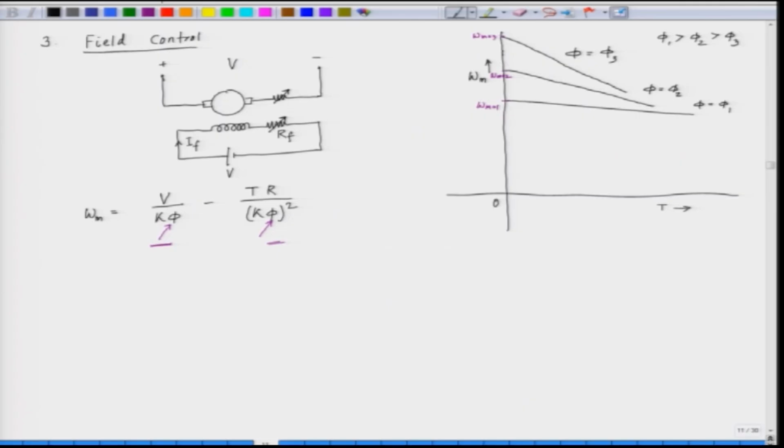This is employed for higher speed application, especially beyond the rated speed.